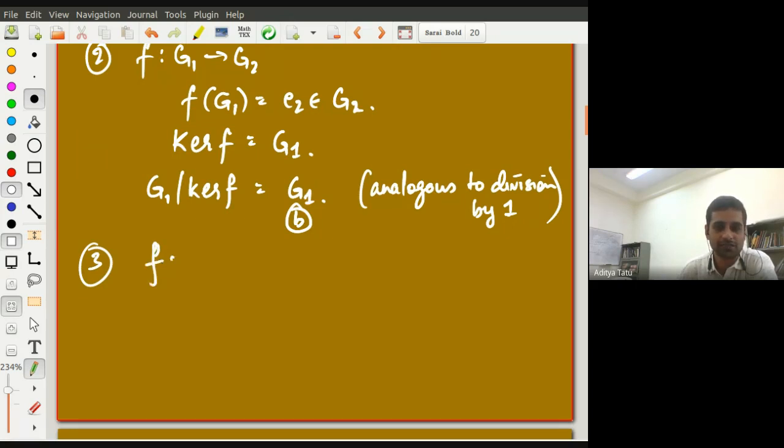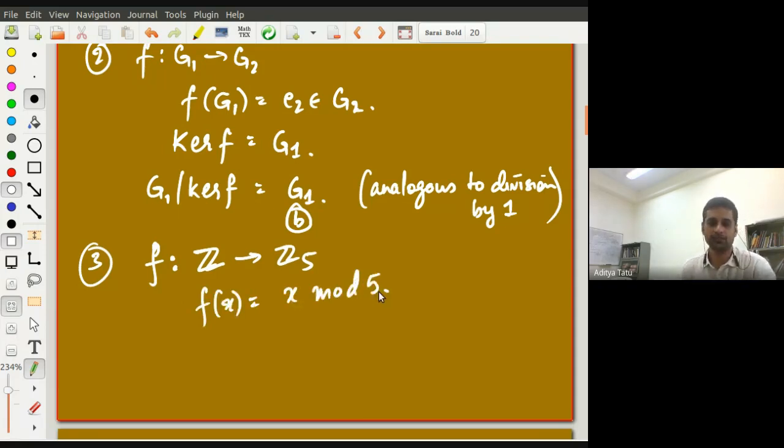Maybe let's take this example there. Z to Z5. So it's exactly this division by integers that I'm going to do. F of x is x mod 5. So this is the map I'm going to consider.